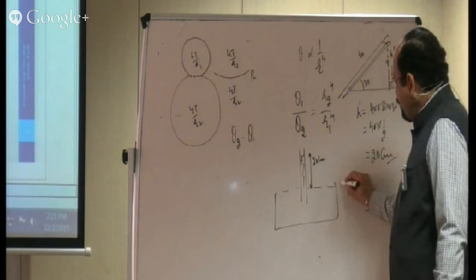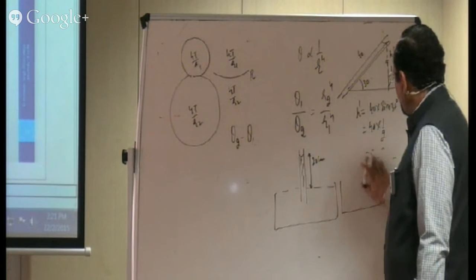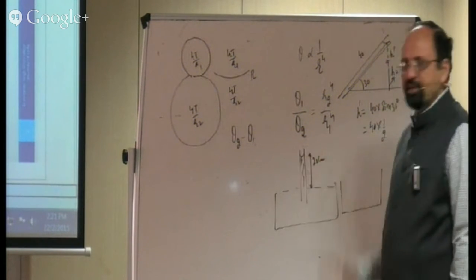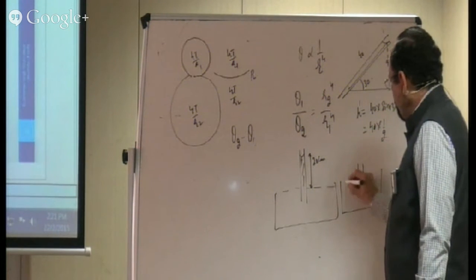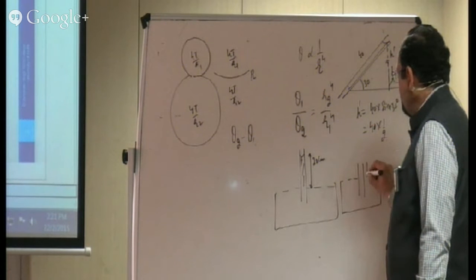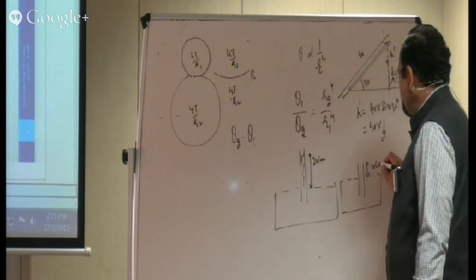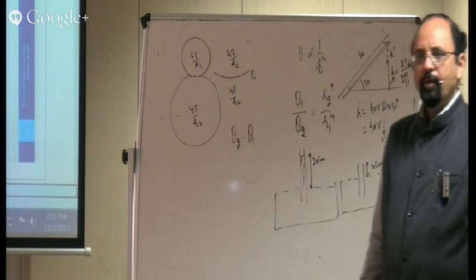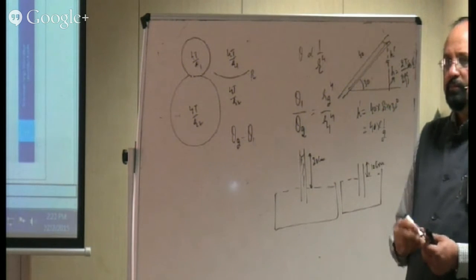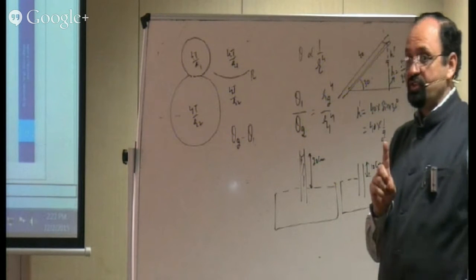And if I take the capillary of the same radius, of the same material, but I use only the length 10 centimeter, what will happen to the liquid? Meniscus changes.